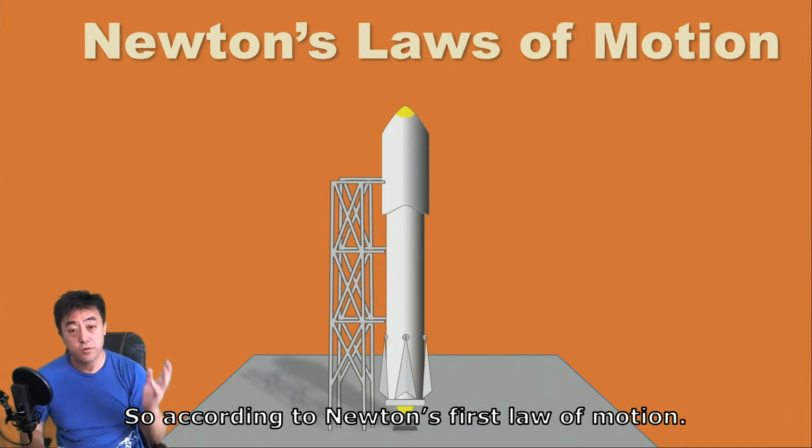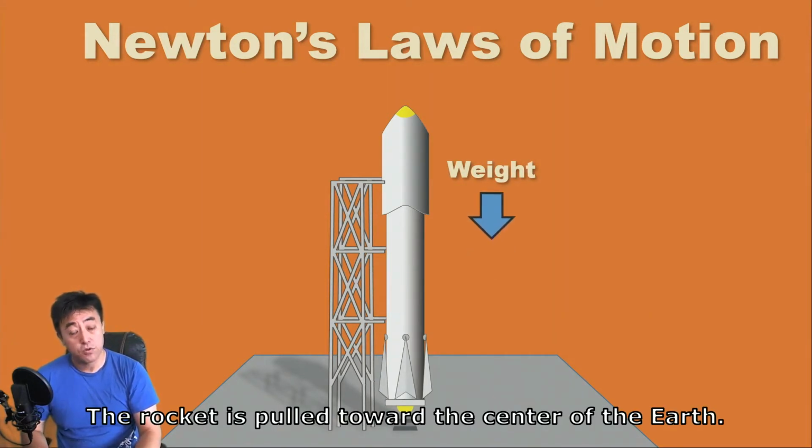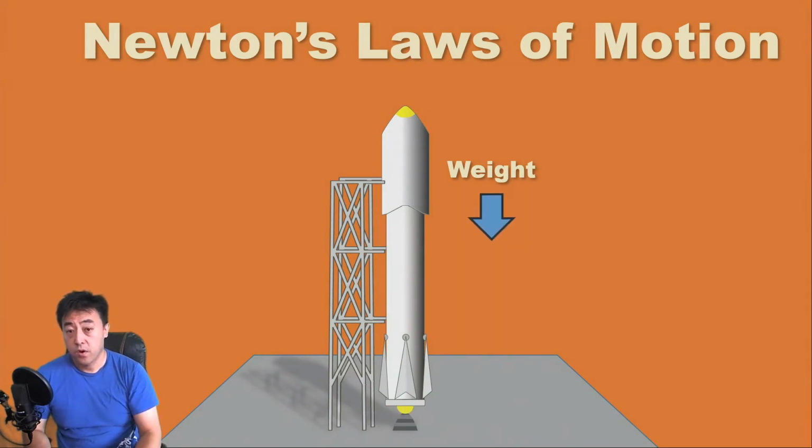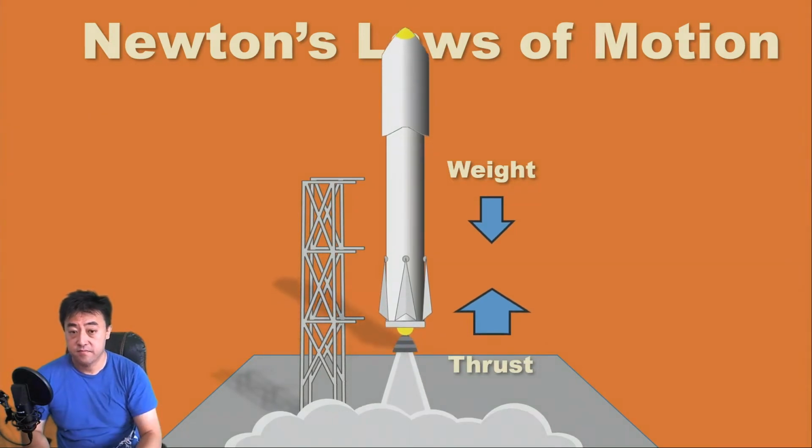So, according to Newton's first law of motion, with the weight of the rocket and the gravity pull of the Earth, the rocket is pulled toward the center of the Earth. We need to have an unbalanced force to change that.